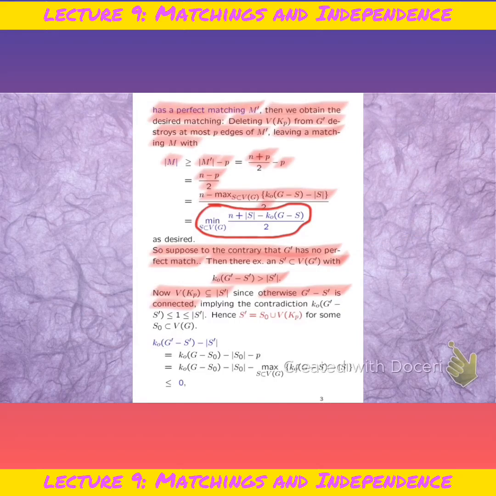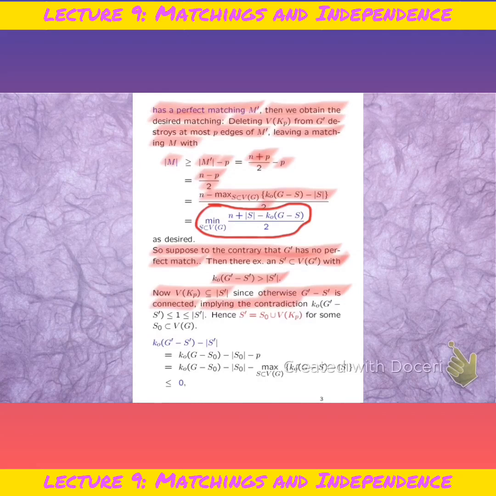Okay, so if this set that you're deleting does not completely lie in S prime, and I apologize, you should just delete those signs there, then G prime minus S prime is going to be connected. And that's going to give a contradiction.